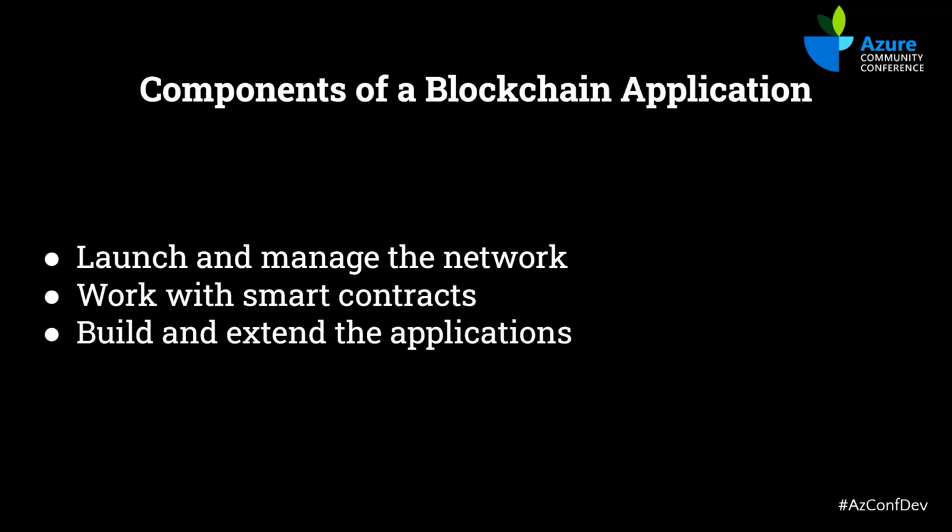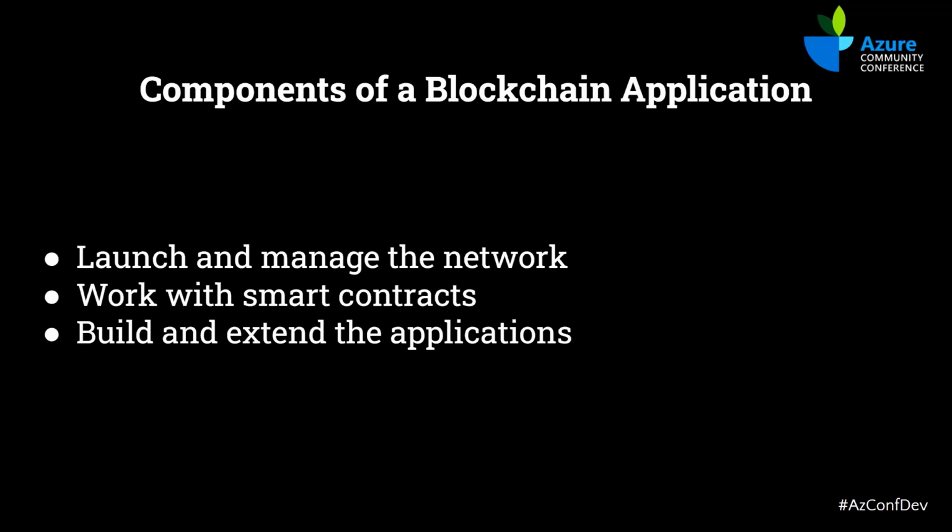So let's take a look at what the components of a blockchain application are. We have been talking about blockchain so far. Let's talk a little bit about blockchain applications, and then I'll close with how cloud comes into the picture. So what are the different components of a blockchain application? From what you have heard so far, I'm sure you will be able to answer this yourself.